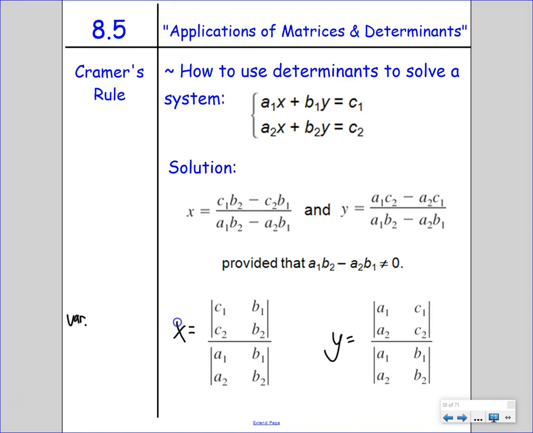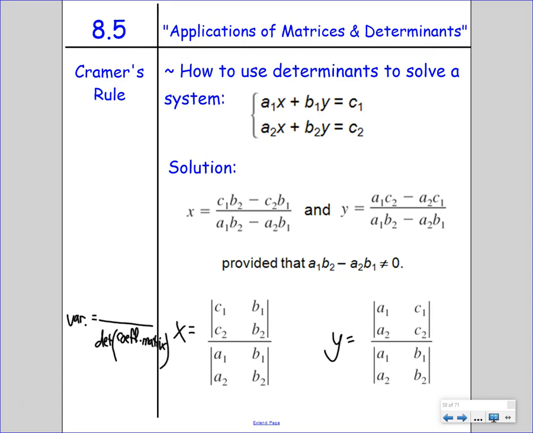We can say a variable in a system is going to equal the determinant of, who is A1, B1, A2, B2? What do we call those? No, constants are the C1, C2. The coefficient matrix, you guys are killing me. The coefficient matrix, right? The coefficients of the variables, true?